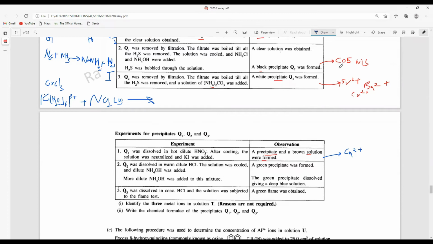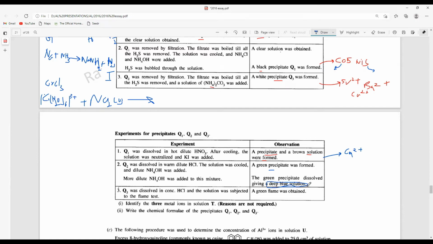Can you think about which is the green precipitate? It could be cobalt hydroxide, yes, which is dirty green, we say. Nickel hydroxide is also a little bit green, so we cannot confirm yet. More dilute NH4OH was added to the mixture. The green precipitate dissolves, giving a deep blue solution.